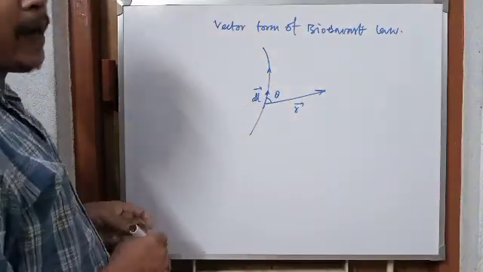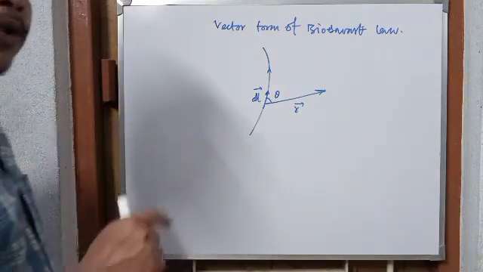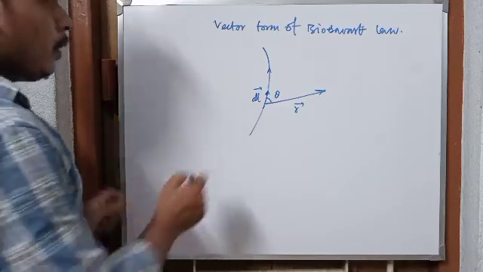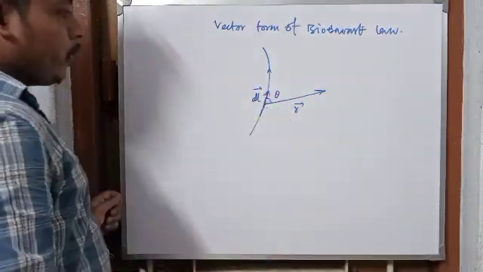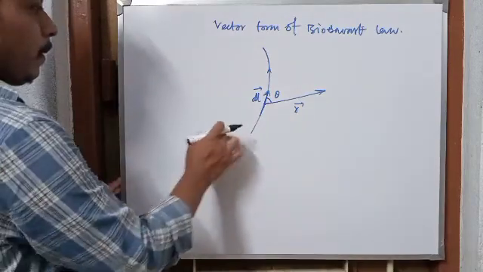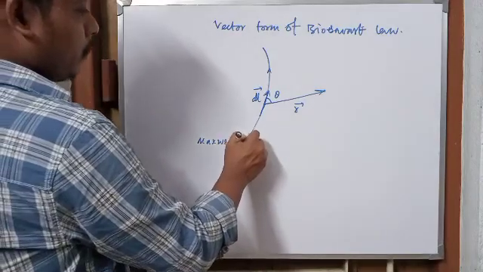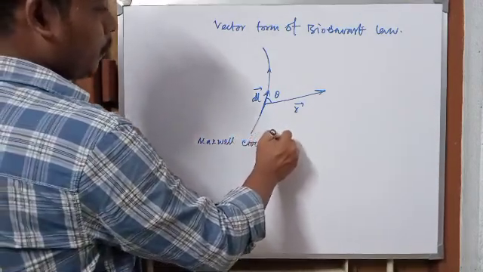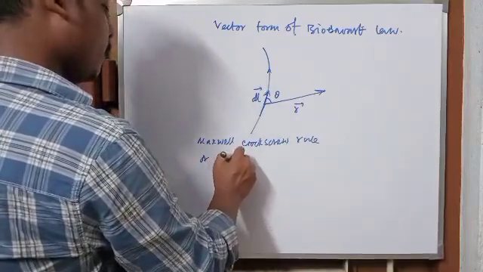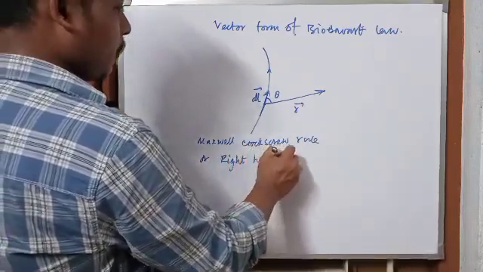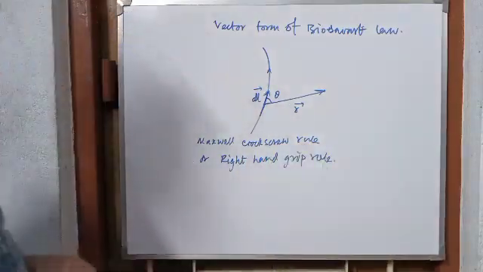The magnetic field is a vector quantity, so there will be a magnitude and also a direction. For finding the direction of the magnetic field, we use Maxwell's corkscrew rule or the right hand grip rule. What does it say?